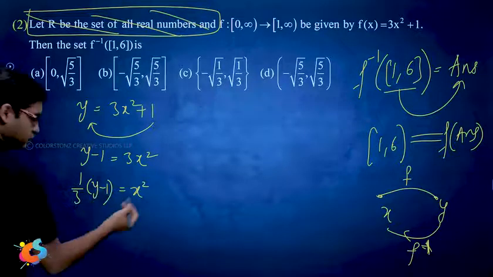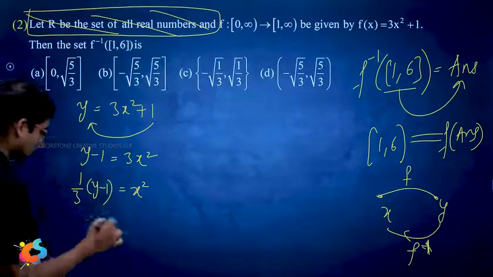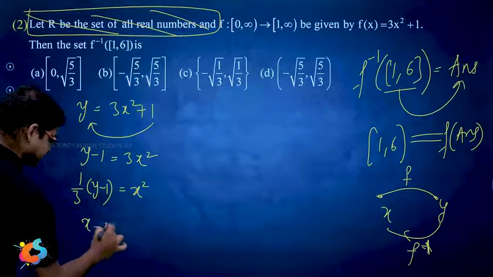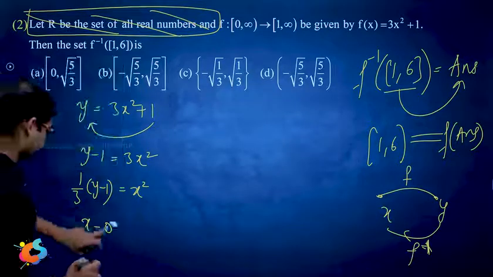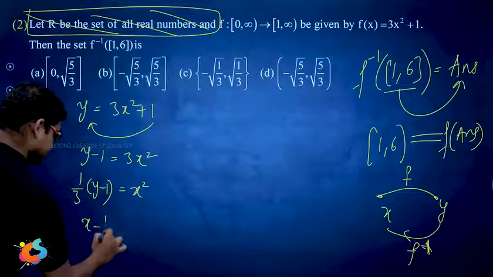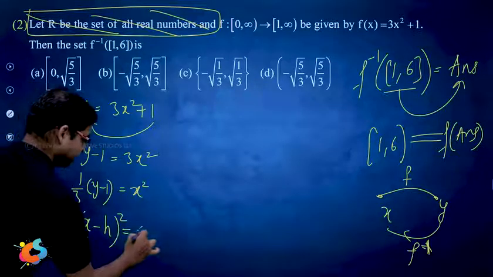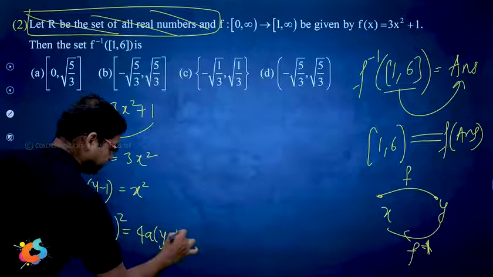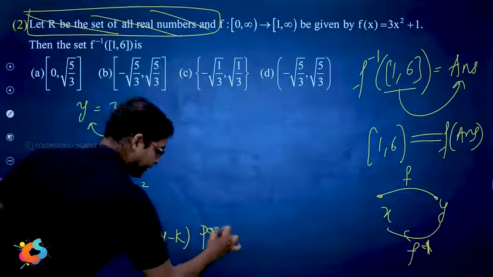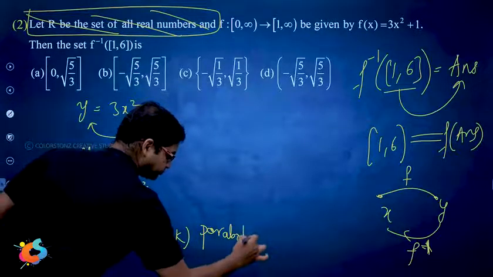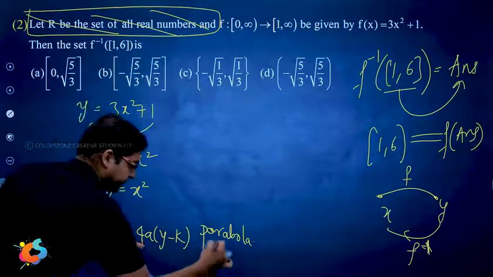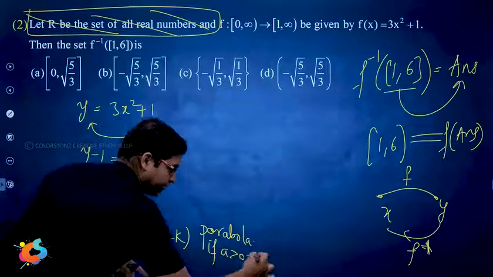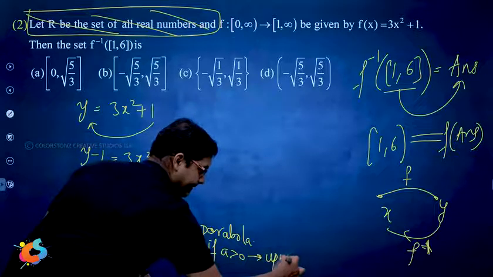So from the parabola chapter, we know, let us write the general one: x minus h whole square is equal to 4a into y minus k is a parabola. Next, if a is greater than 0, it's an upward parabola.